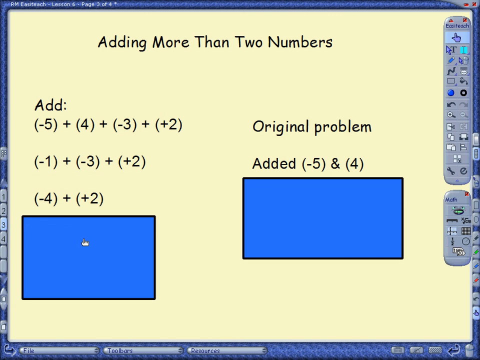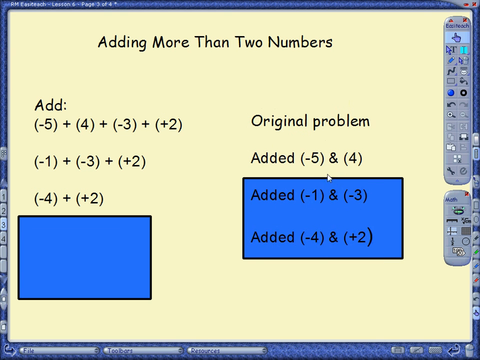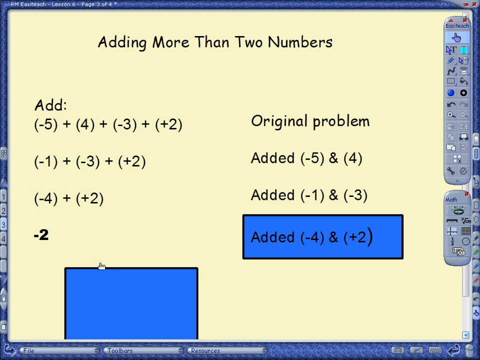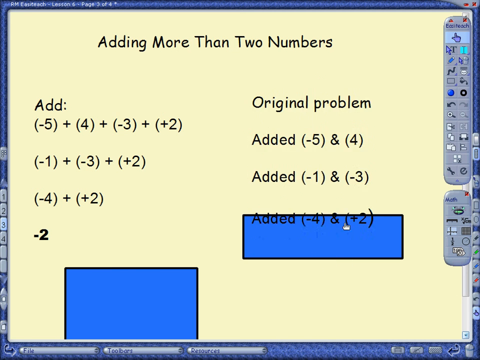I'm having trouble now with my mouse pulling this down. I'll just pull it right off like that. Okay, so now I've got negative 4 plus 2. So I added negative 1 and negative 3. And now I'm going to get my answer, negative 4 plus 2.